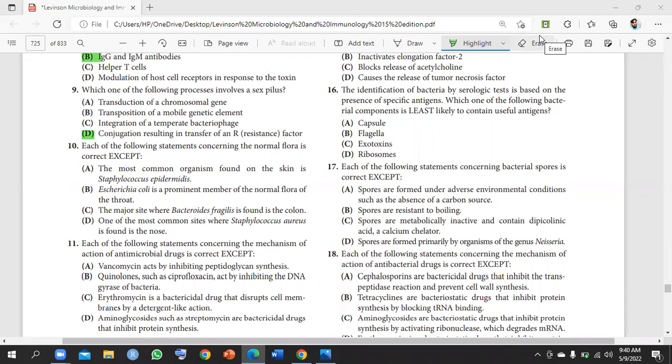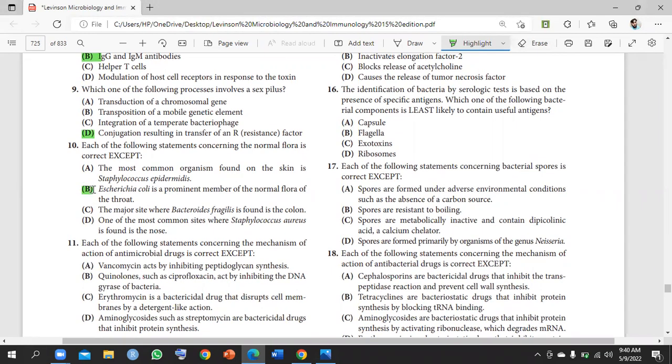Yes, Staphylococcus epidermidis is a special type of gram-positive bacteria that is present in a high amount on the skin. Okay, E. coli is a permanent member of the normal flora of the throat. No, this is not correct. E. coli is mostly present in the large intestine, and these two are also at their usual locations. Bacteroides fragilis is present in the colon, and Staphylococcus aureus is present in the nose.